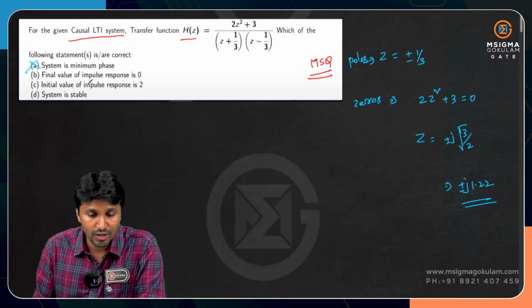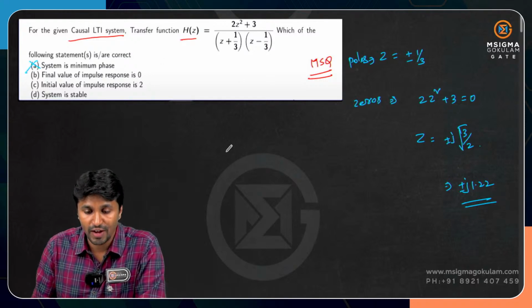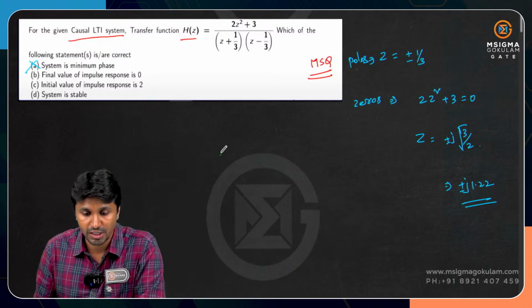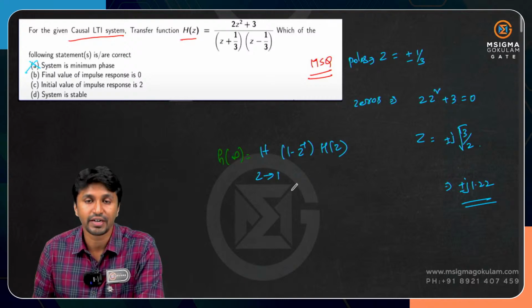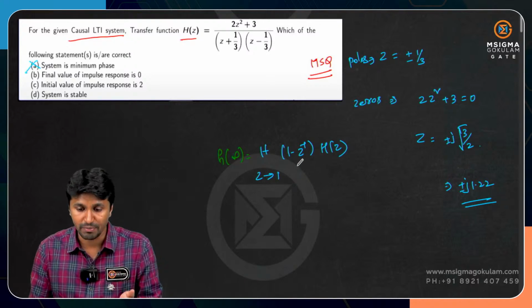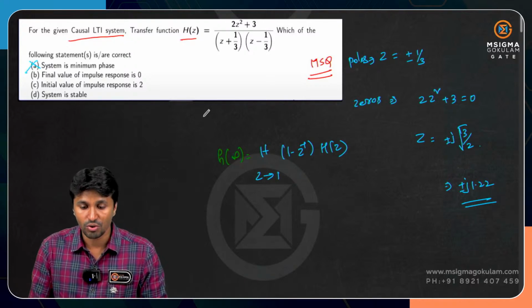Now the final value of the impulse response. How do you calculate it? h of infinity is equal to the limit z tending to 1 of (1 minus z inverse) into H(z), or (z minus 1) into H(z).